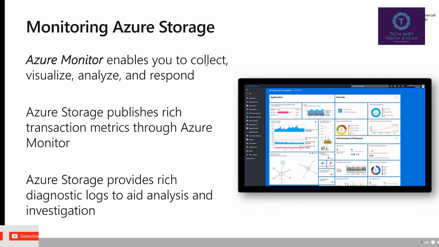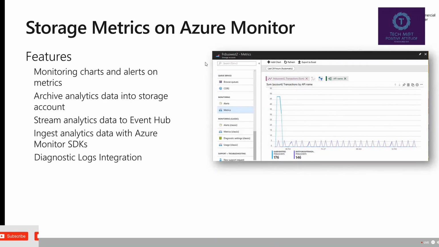Azure Storage can then publish this with Log Analytics associated. I can build amazing charts with several other services interconnected with each other so that I can get a complete view of what is happening in my system. In terms of storage metrics on Azure Monitor, the features I can have are to monitor charts, alerts on metrics, archive analytics data into a storage account.